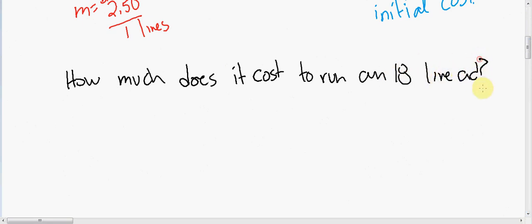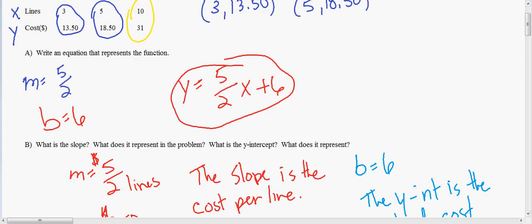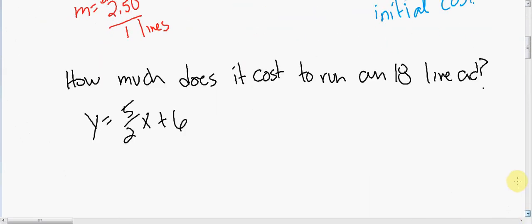So this is our question, and we're going to use our equation, which is y equals 5 over 2x plus 6 to answer that. Now 18 lines, I want to go back up to my original problem to make sure I'm plugging that into the right spot in my equation. So I go back up and I see that lines, that's my x. So now I can go back down and I know that I can plug in 18 for x, and that'll help me answer the question.